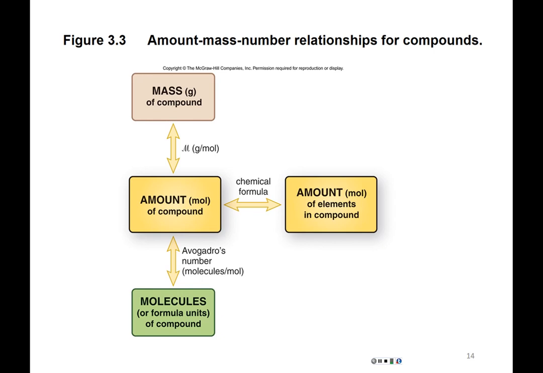And the way we do that is by using the chemical formula. And that table that we showed for glucose, that's what we were in a sense doing at the bottom of that table. Using the chemical formula to determine the moles of an element in that compound.